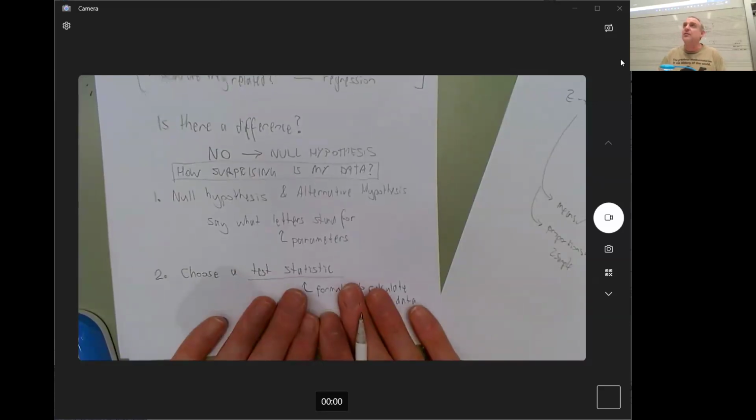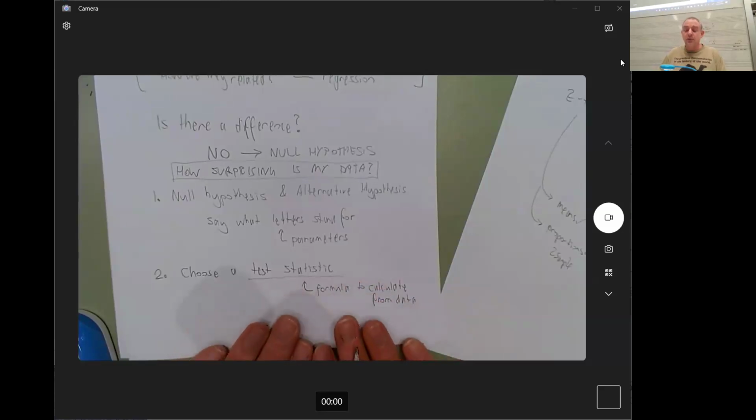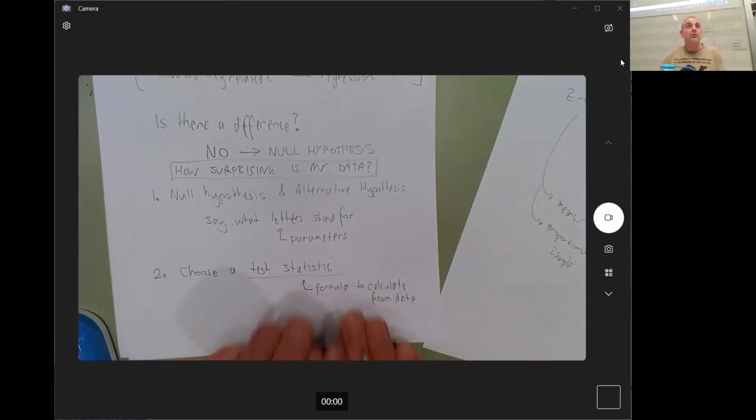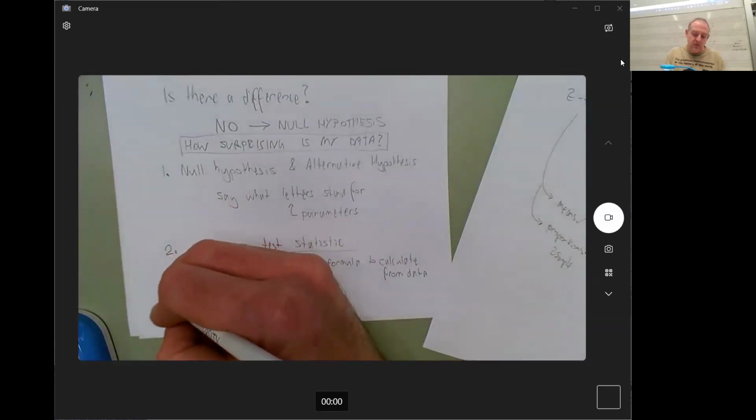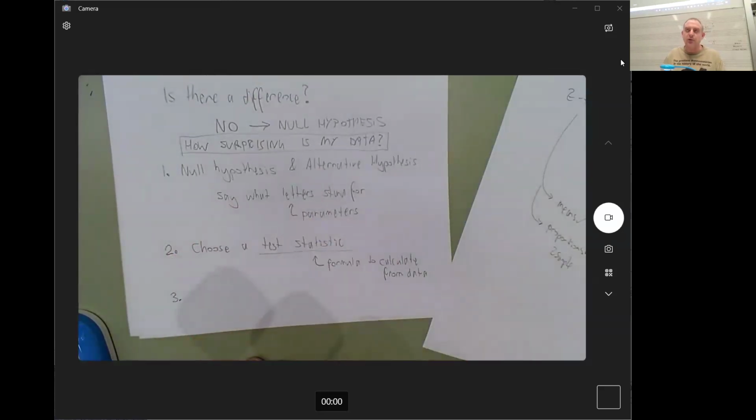And that's what a test statistic is for. You can do a special calculation, and if you do it in just the right way, then it is possible for you to know all of the things it could have been. And that is what a distribution is. So step 3 is to know what the distribution of the test statistic is if the null hypothesis is true.